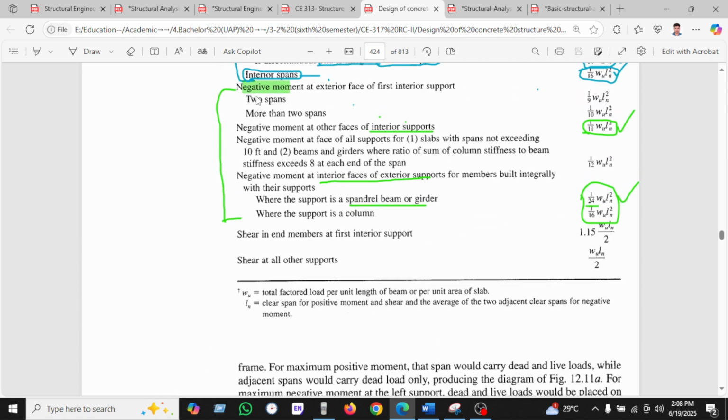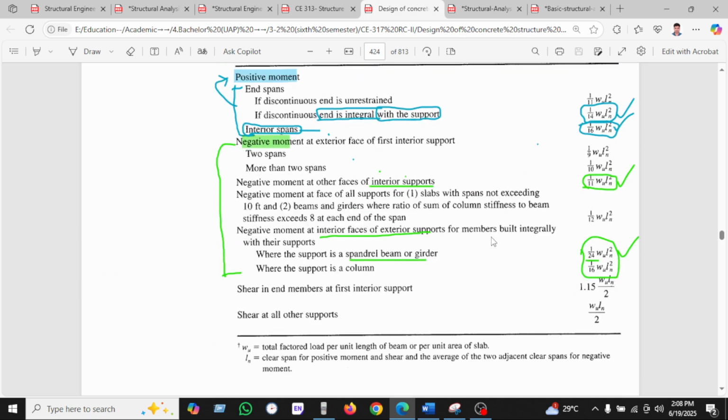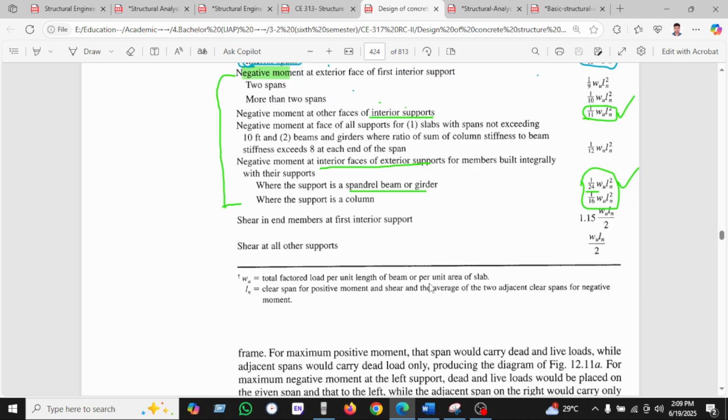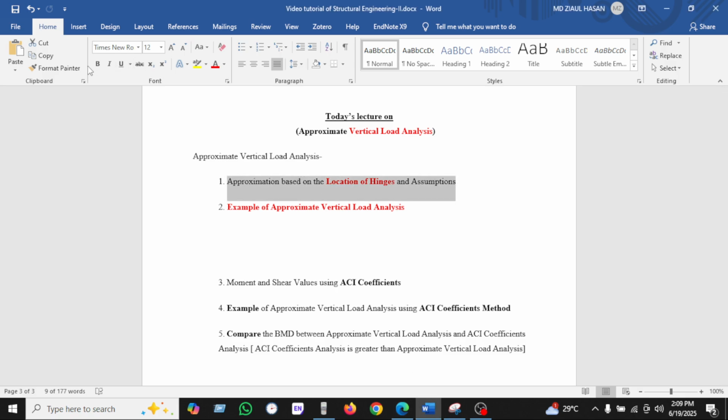On the other hand, for the negative moment we have found 1/11 at the other face of the interior support, and 1/11 here, and it will be 1/14. So let's see. I hope you can understand.